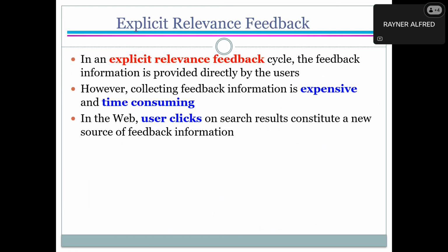So for explicit relevance feedback, the feedback is provided directly by the user. This is time consuming. For that reason, it is better to study the user clicks rather than getting the input from the user.